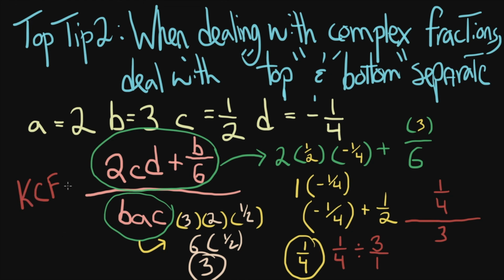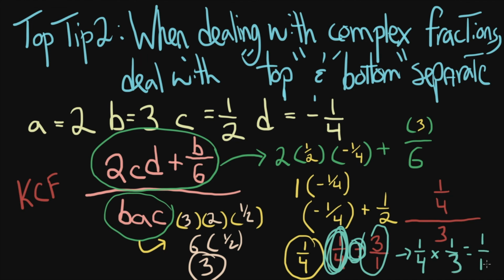So keep, change, and flip. What does that mean? That just means you're going to keep the quarter. You're going to change the dividing to multiplying. And you're going to flip the other fraction. So I'm going to flip it from 3 over 1 to 1 over 3. And then you're going to solve it. So boom, that will give you 1 over 12. And that is your answer.